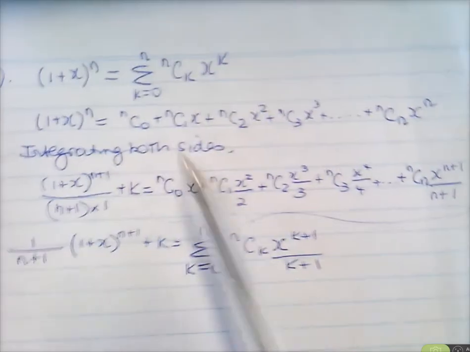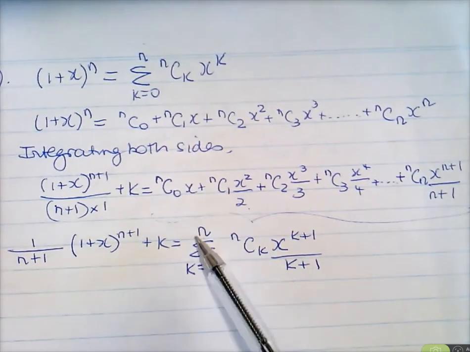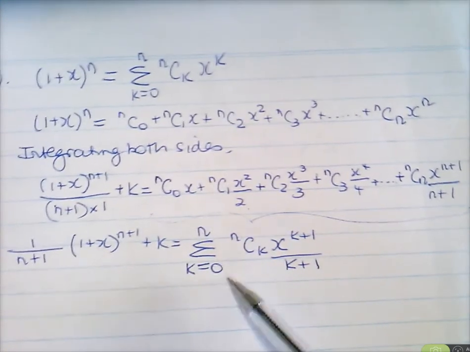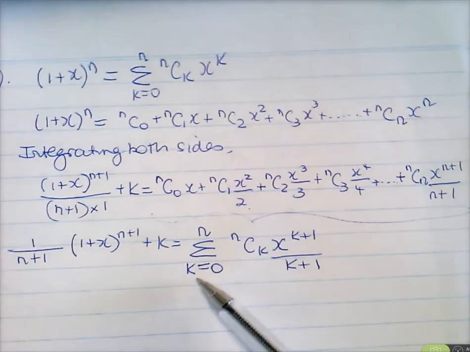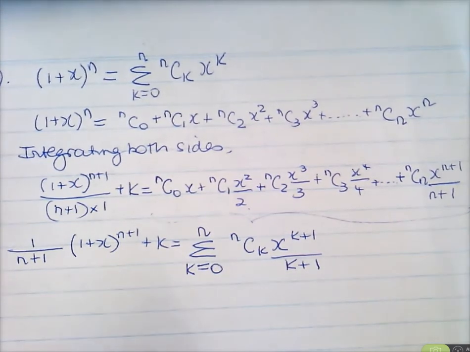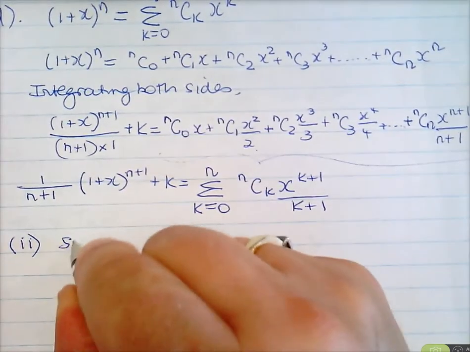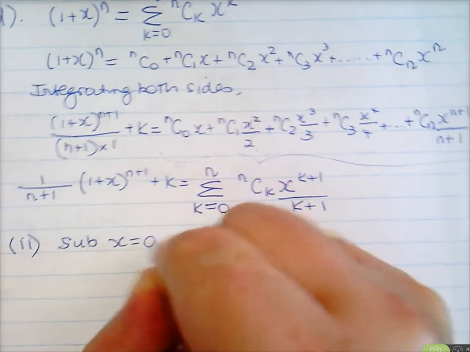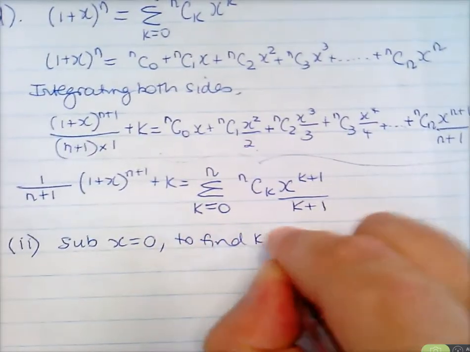So notice when we integrate this, we stay the same. The k is 0 to n. Whereas when we differentiated it, we went from k is 1 to n. That's why I'm saying you need to expand it. Otherwise, if you get one of these wrong, you'll lose a mark. So that's the first part where we've integrated both sides. Part 2, now we do our substitution. By substituting x is 0 to find k.